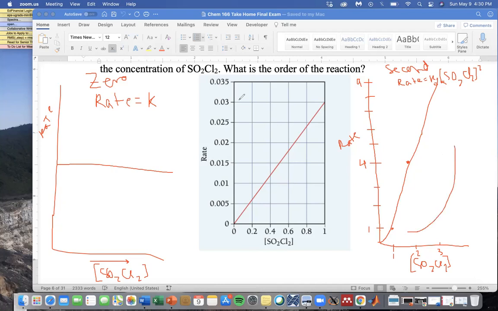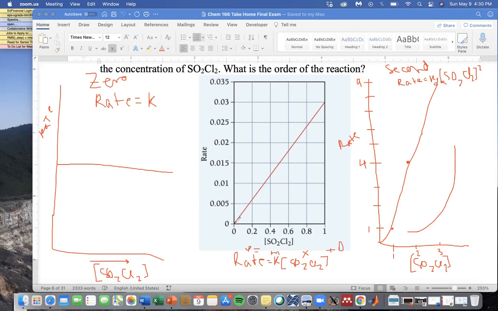Oh, okay. So for a first order reaction, your rate is your constant k times SO2Cl2. So basically, this is your x here, and this is your y, and this is your slope. And the y-intercept is just 0.